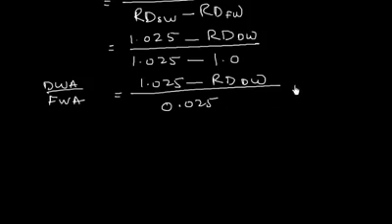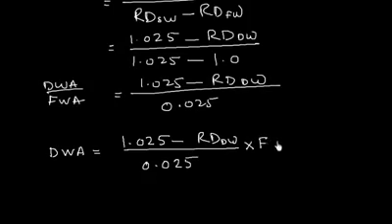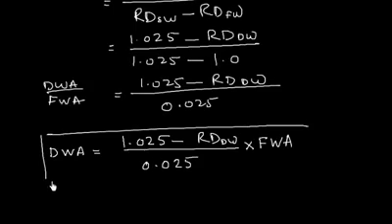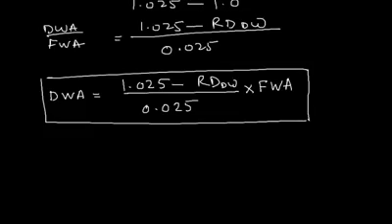Now I just need to bring fresh water allowance to the right hand side. So I may write: dock water allowance is equal to 1.025 minus RD dock water divided by 0.025, multiplied by fresh water allowance. And this is a very useful formula.